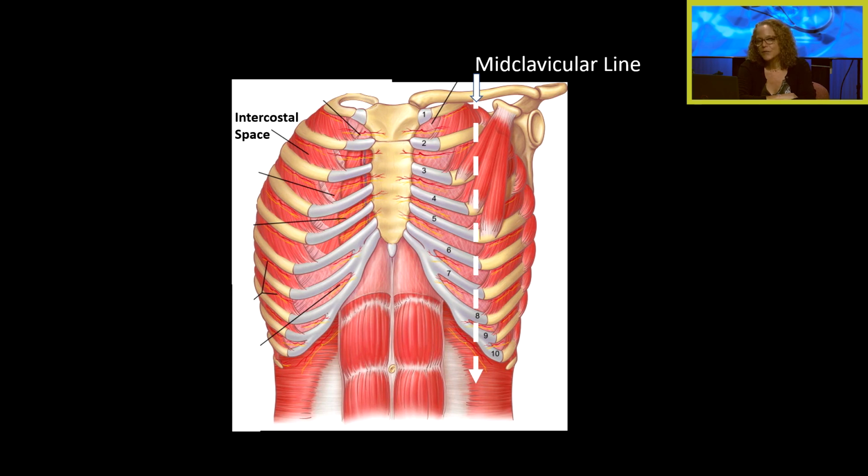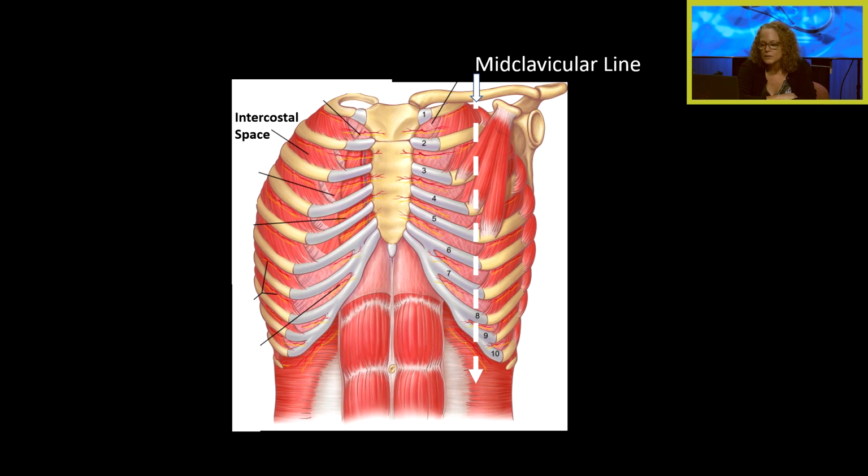I have identified on this image here the ribs. So you can see the ribs, 1, 2, 3, 4, 5, 6, 7, 8, 9, 10. And then you can also identify the intercostal space, which is the space in between the ribs, all right?